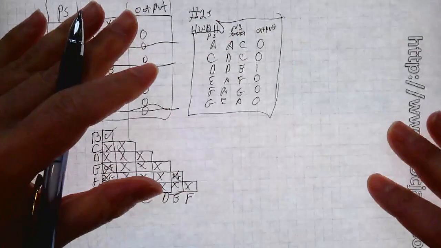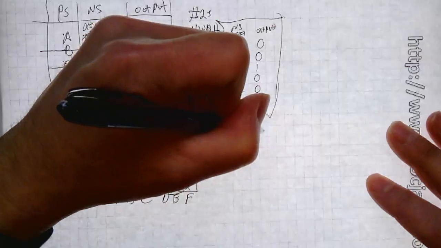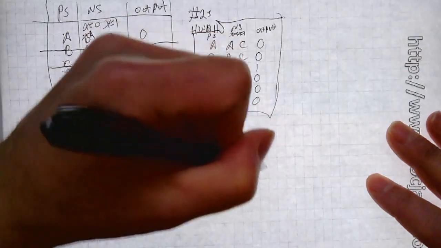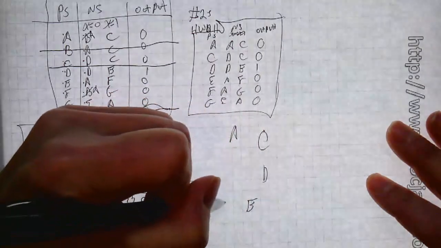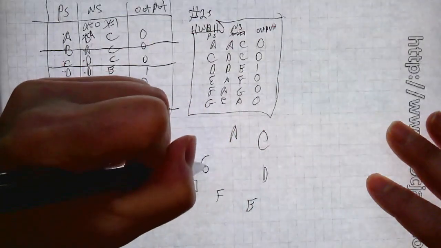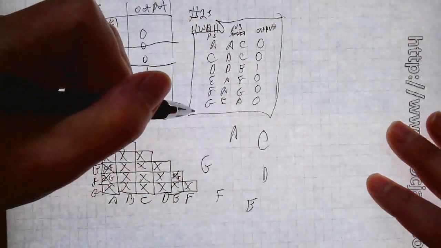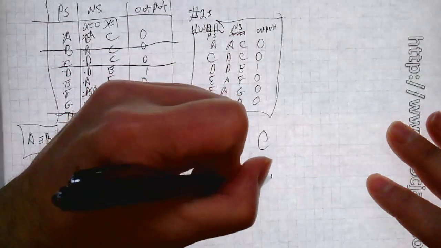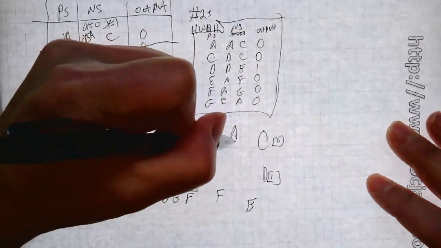So now we can write it out. A, C, D, E, F, G. And it's going to be a 1 on output for D, and everybody else gets an output of 0.